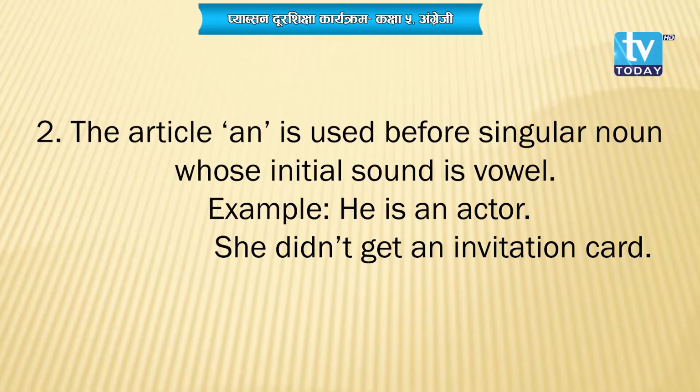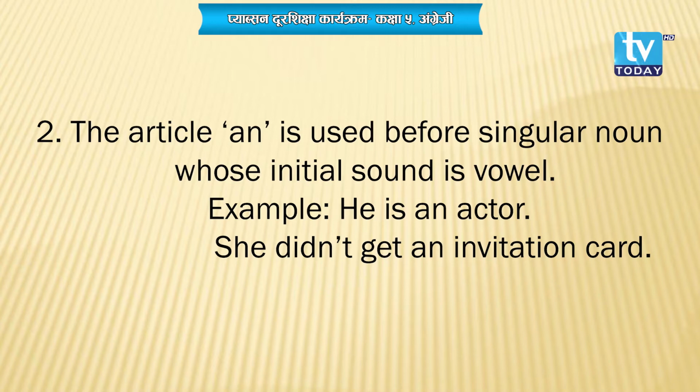It's the second rule, the use of article an. Don't be confused, children. We are talking about the use of a or an because they both denote the single number. The article an is used before singular countable nouns whose initial, starting or beginning sound is a vowel.